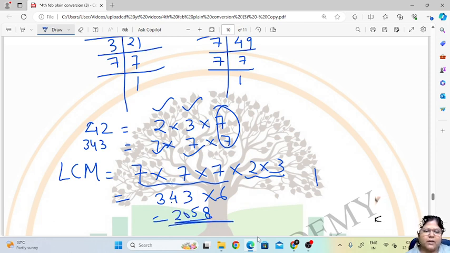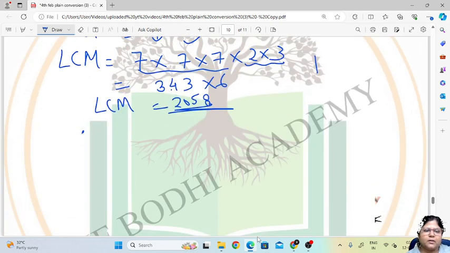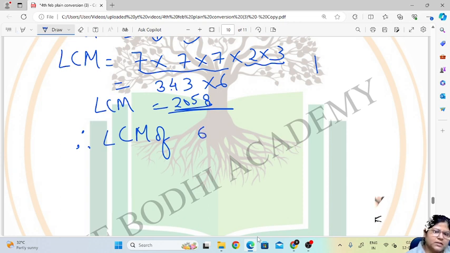So 2058 is the LCM. So you will write, therefore, LCM of 42 and 343 is 2058.